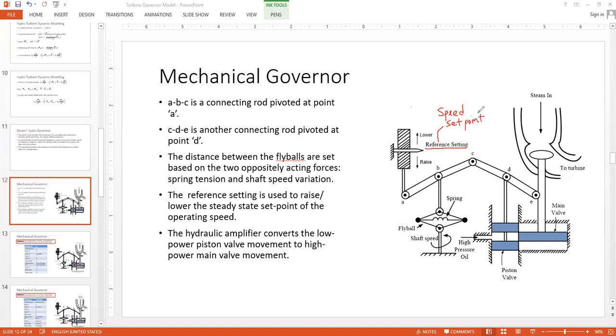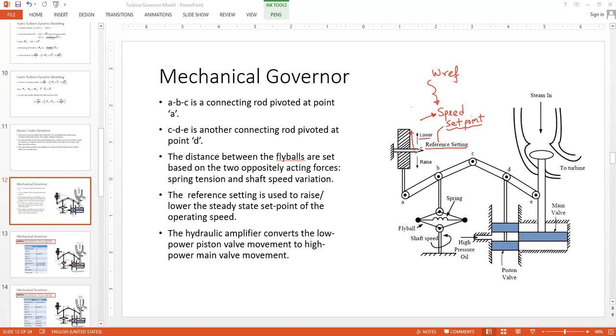Remember I talked about omega ref, right? The omega ref could be changed by this speed set point. If I move this element towards the top, then my speed set point would be lowered.